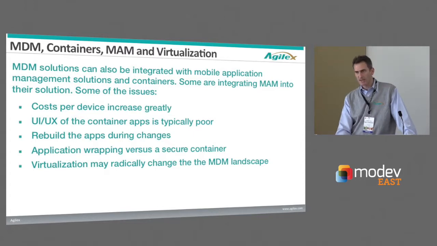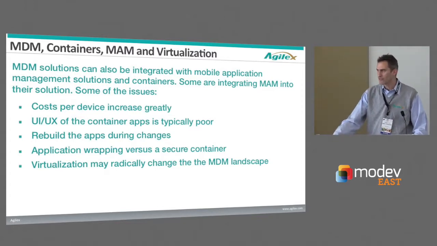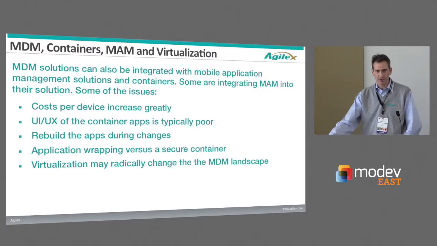MDM, like MEAPs, can also work with containers and other mobile application management platforms. A lot of customers will use both of those to secure data and to secure applications. There are, I think, some issues with trying to mash up those two technologies. Your cost per device typically increases quite a bit.